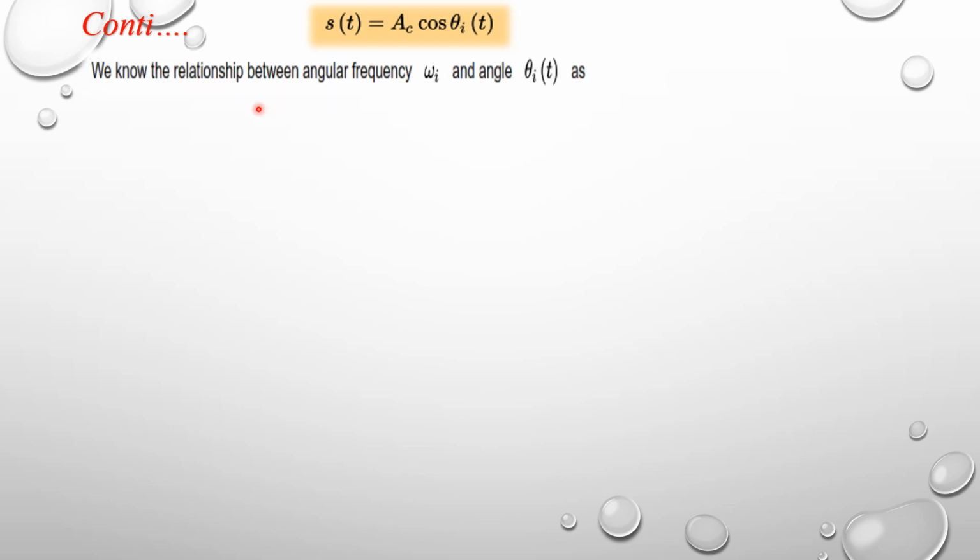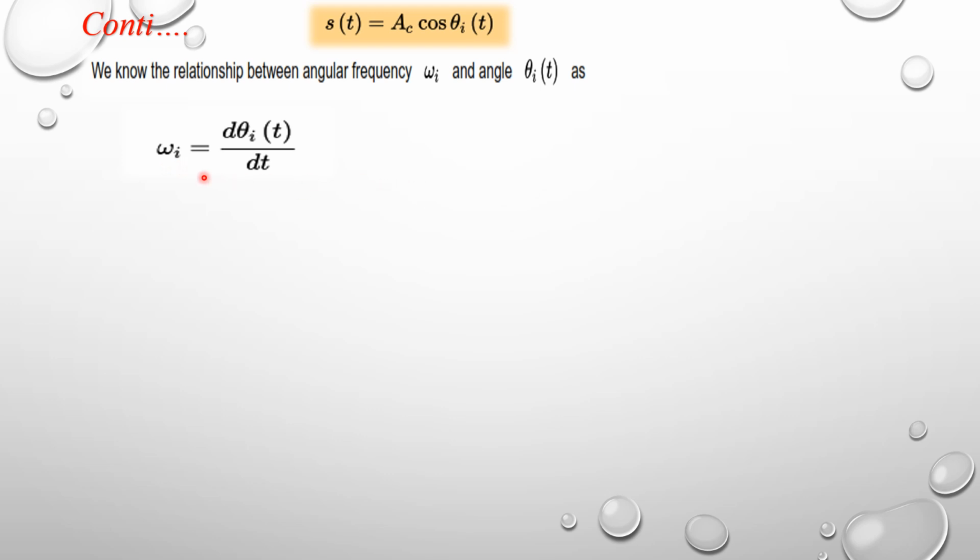We know the relationship between the angular frequency ωi and the angle θi(t). So ωi is equal to the differentiation of θi(t). The angular frequency ωi is equal to 2π into the instantaneous frequency, which we represent as fi.